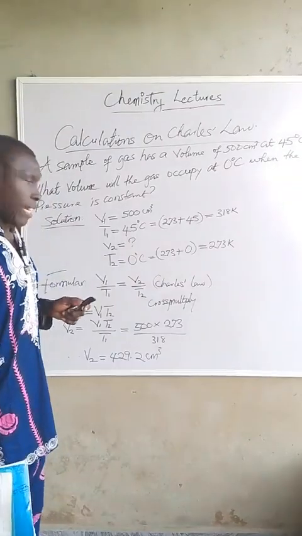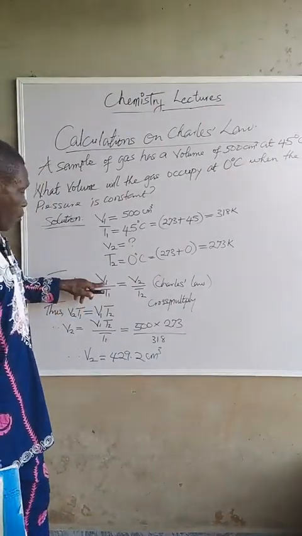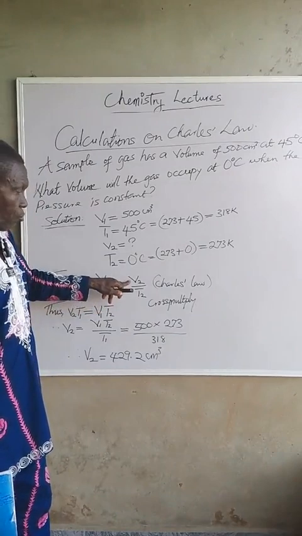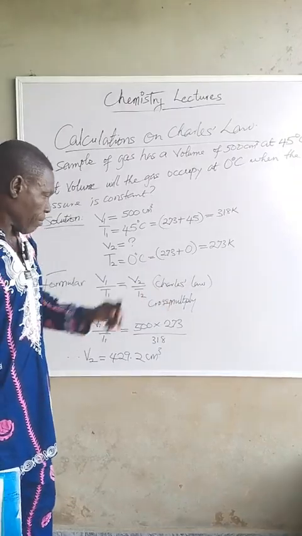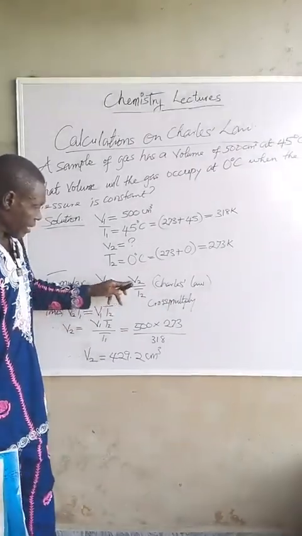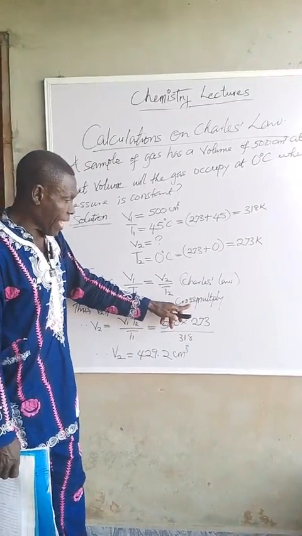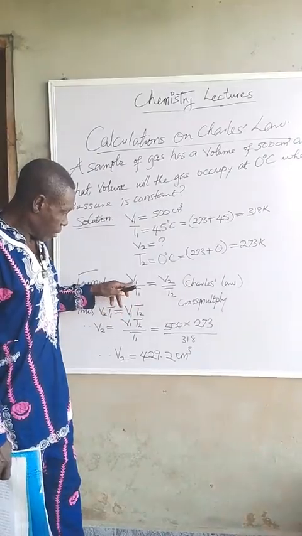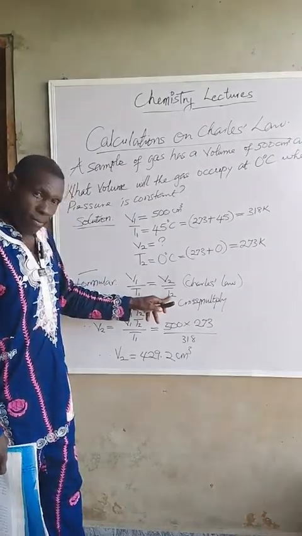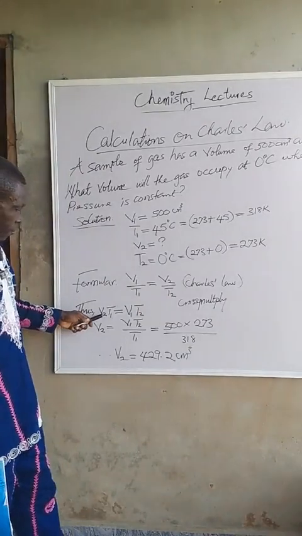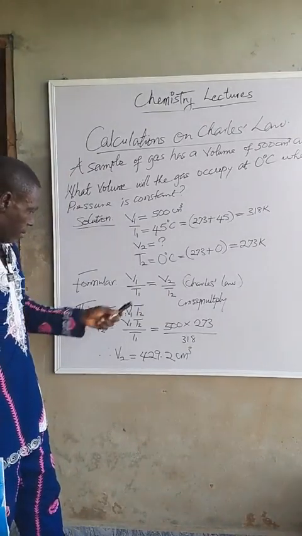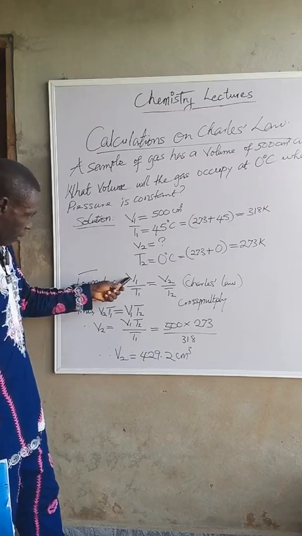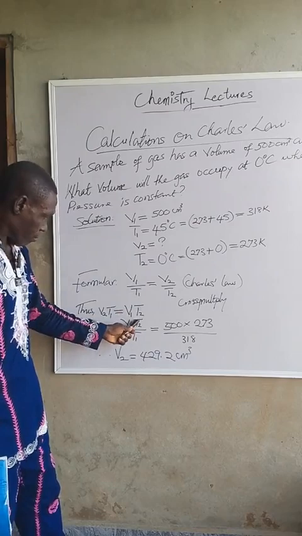Now the formula, that is Charles's law: V1 over T1 equals V2 over T2. From this equation, you can cross multiply. V2 times T1 is equal to V1 times T2.